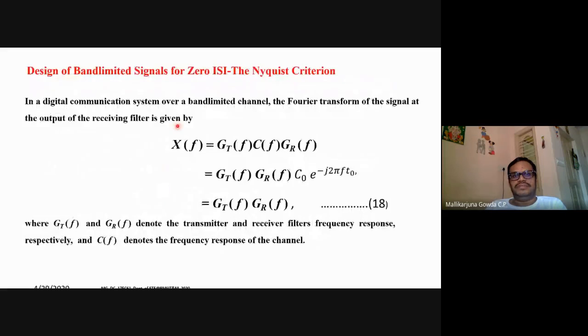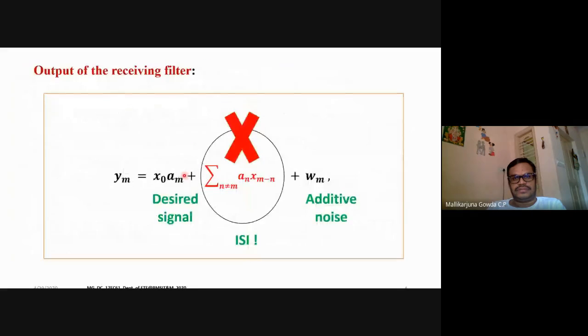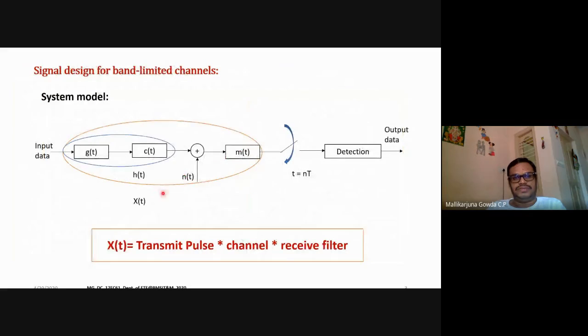As I said, the channel is band limited, and the Fourier transform of the signal at the output of the receiving filter is X of f. So in frequency domain, I have written an expression. I think in the first slide itself, I have shown this. Here, x of t is equal to transmit pulse, channel, and receive filter, right?